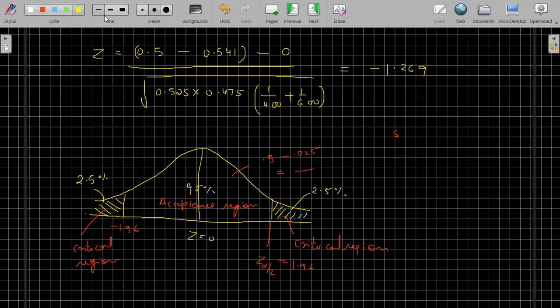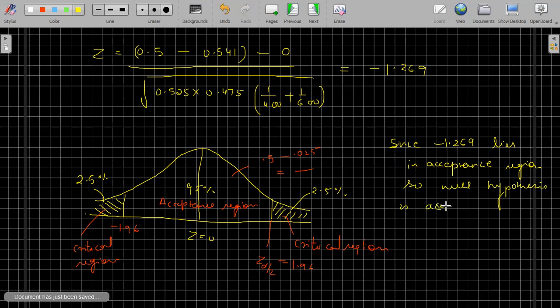So you will write here, since minus 1.96 lies in the acceptance region, so the null hypothesis is accepted at 5% level of significance.